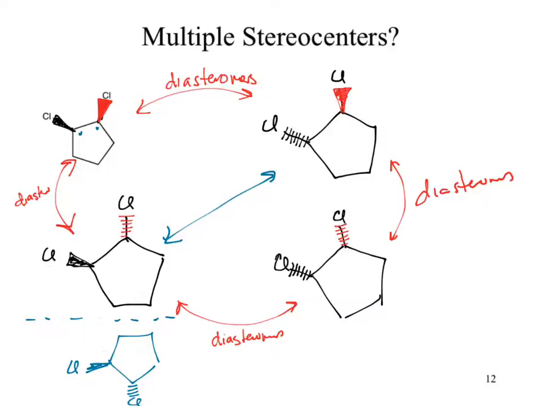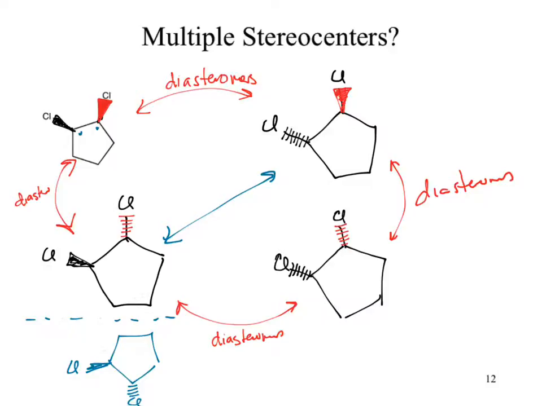mirror images. Okay. So now what I want to do, and then on the diagonal between our upper two, we know those are non-superimposable. So right now I have two structures that are non-superimposable, and I have two structures that I know are mirror images. That's what I want to do. Take the blue structure and see, can I superimpose it on that structure? And if I just take this and flip it over, what happens? I get that one.